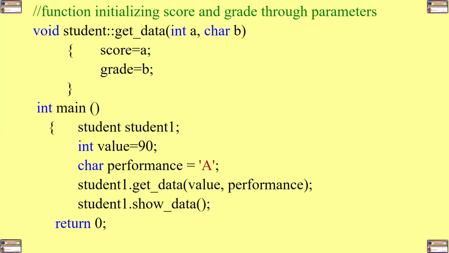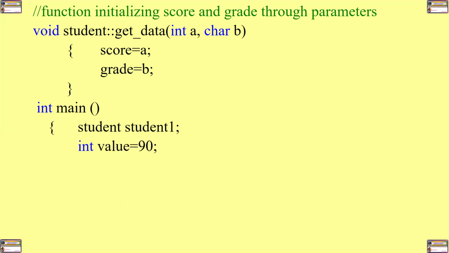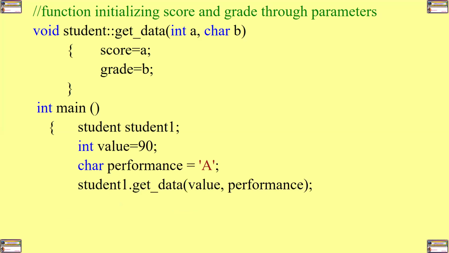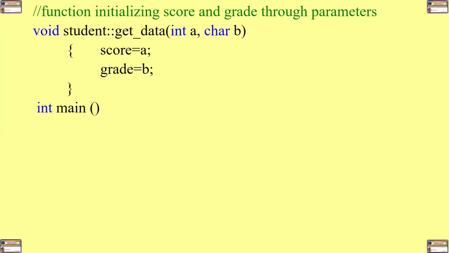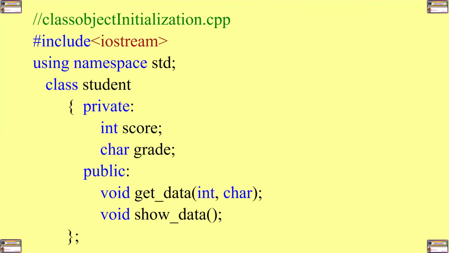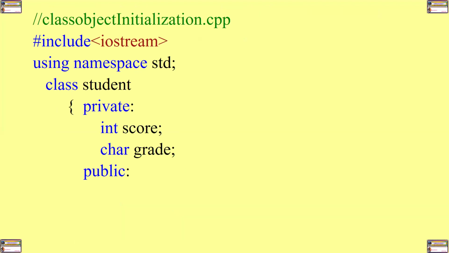Now, how does this program operate? Here's how it will operate. Once we invoke this function, the compiler will go and look for the member called getData under the class. So it will move to the class and realize that the member is there.